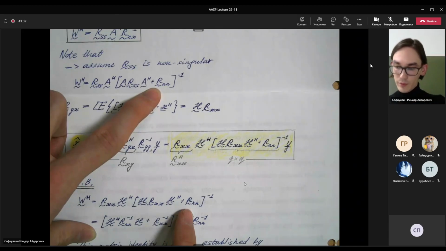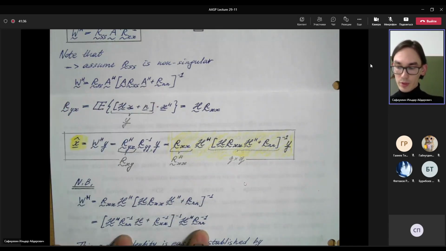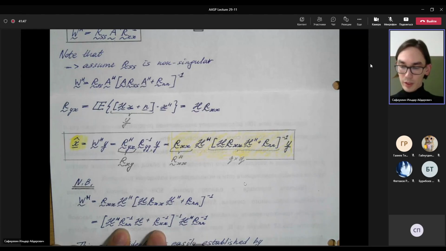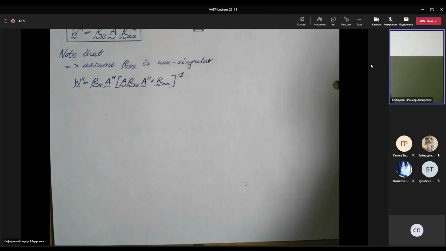And this can be written as follows, using the multiplication with A's with noise parts, and here we'll have the inverse of the signal part. So let's rewrite this equation in the following way.